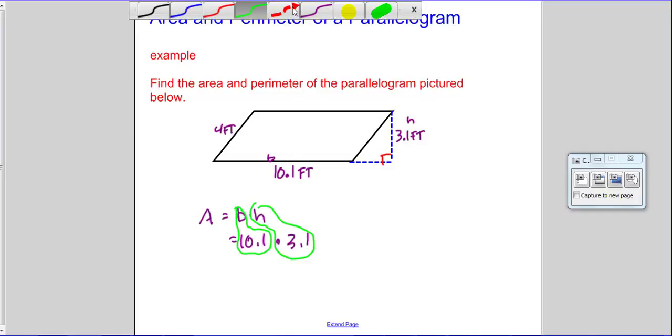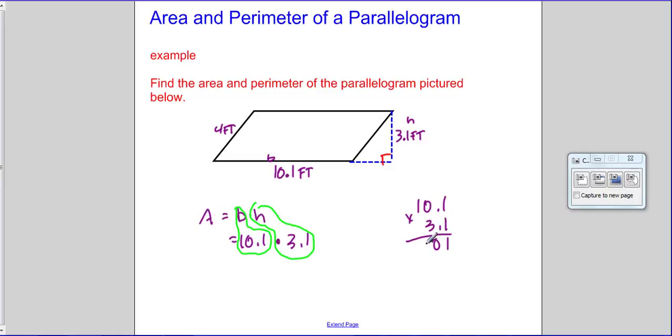So the area is what you get when you multiply these together. So 10.1 times 3.1. Add a placeholder 0 for the second row. I have to shift it over. That's 1 times 3, 0 times 3 is 0, 3 times 1 is 3. Move the decimal point 2 places to the left.